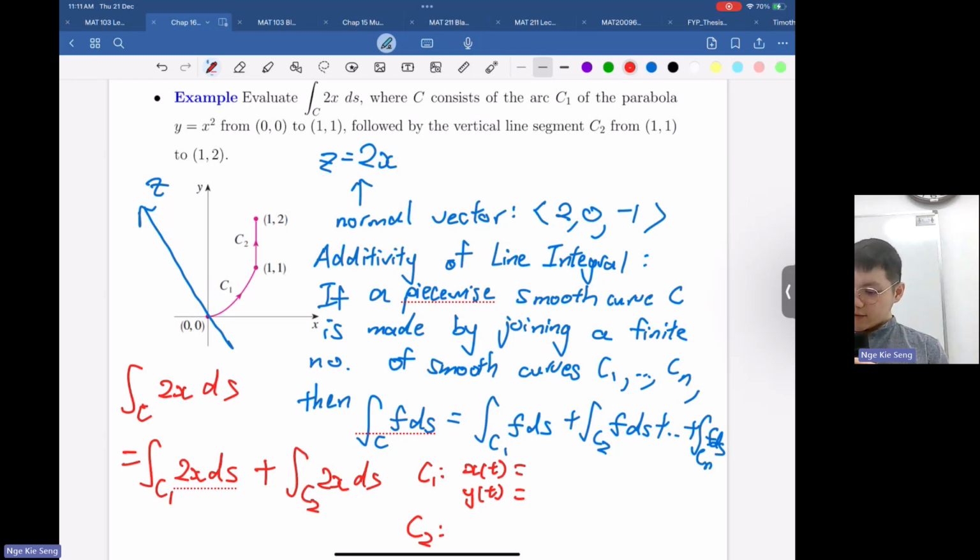So in C1, the point follows the curve y equals x squared. So if x(t) equals t, y(t) has to equal t squared.